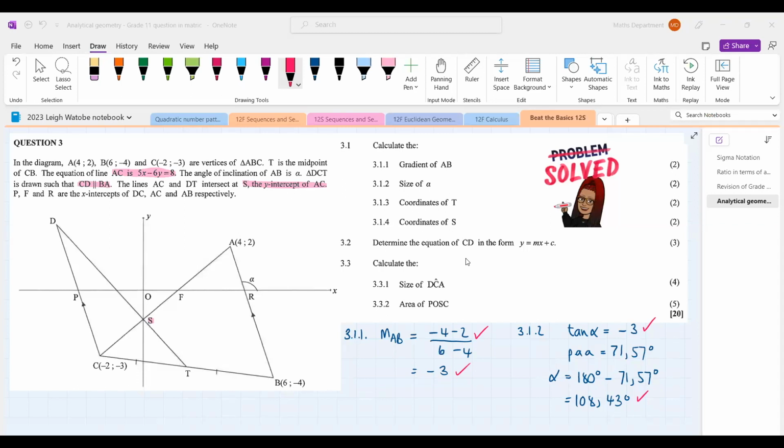I'm just going back and having a look at some of the other answers. Okay, good. All right, so iPhone, whoever you are, I'm sorry, I'm calling you iPhone, and Nolutando, you are already onto the coordinates of T. Well done. Everybody else, you can try that as well.